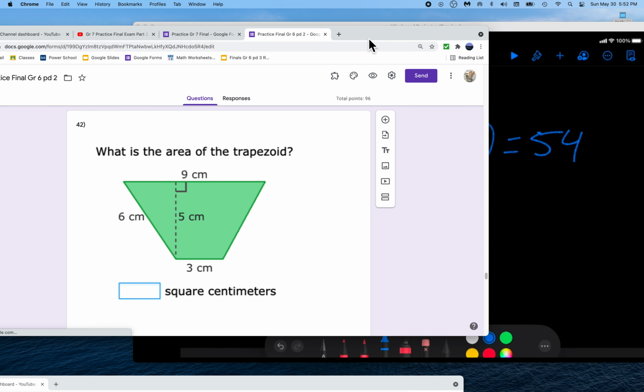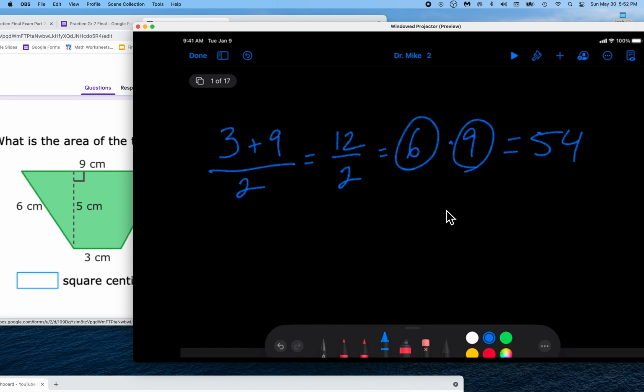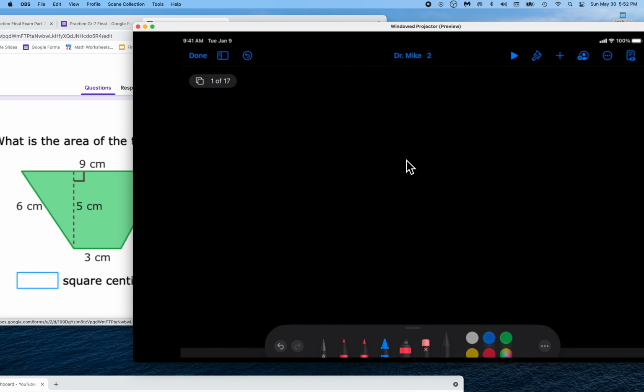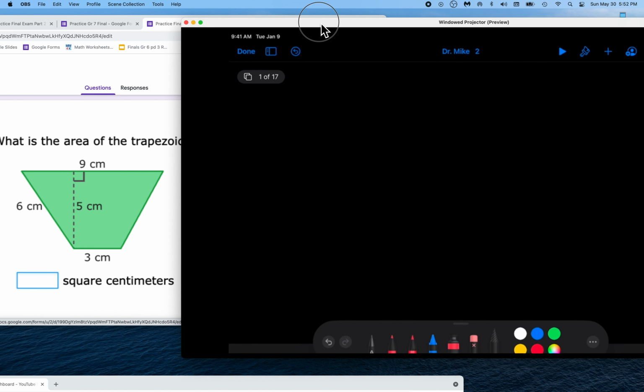Here's another trapezoid. Let's go side by side again. That worked. The formula, you get the average of the bases. You do that by adding them and dividing by 2.